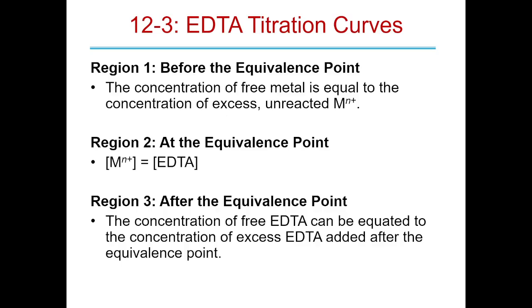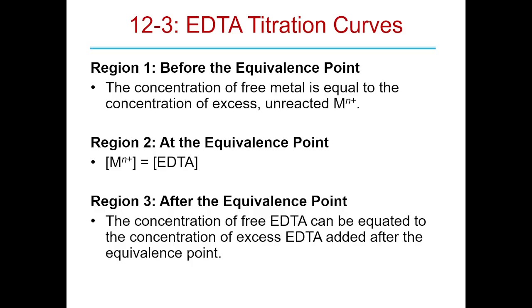Very, very similar. So region 1, before your equivalence point, of course, your concentration of free metal is going to be equal to the concentration of excess unreacted Mn2+. So whatever metal has not been reacted, that's your excess that remains, right? Region 2 is going to be your equivalence point.